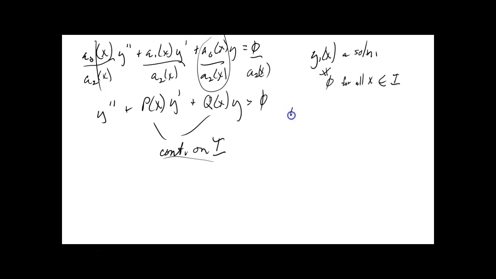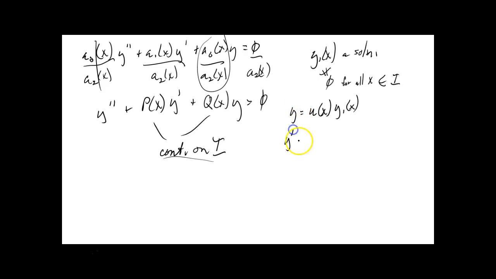Let's define your other solution y is equal to some u of x times this y1 of x. Okay? If we define y to be that, then it follows that, let's take the first derivative of it.